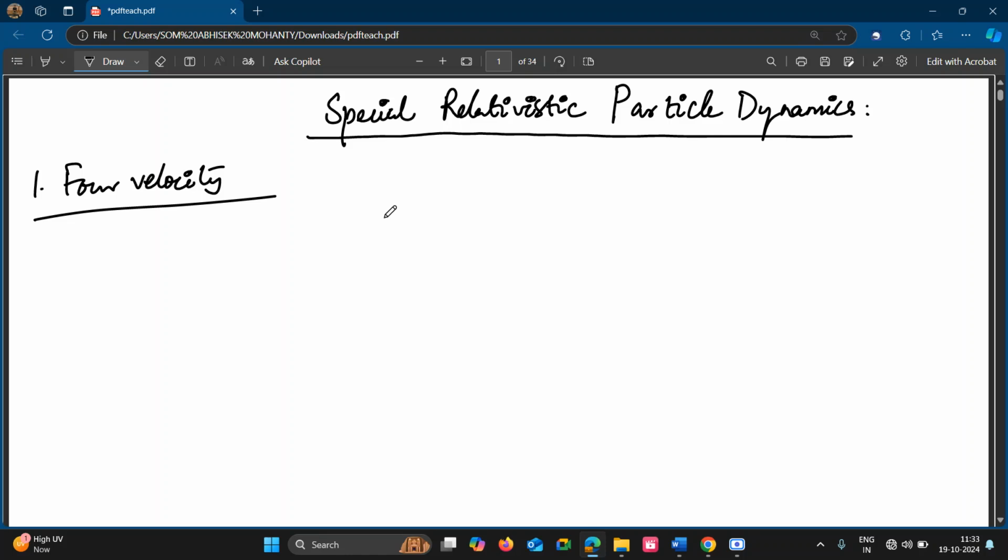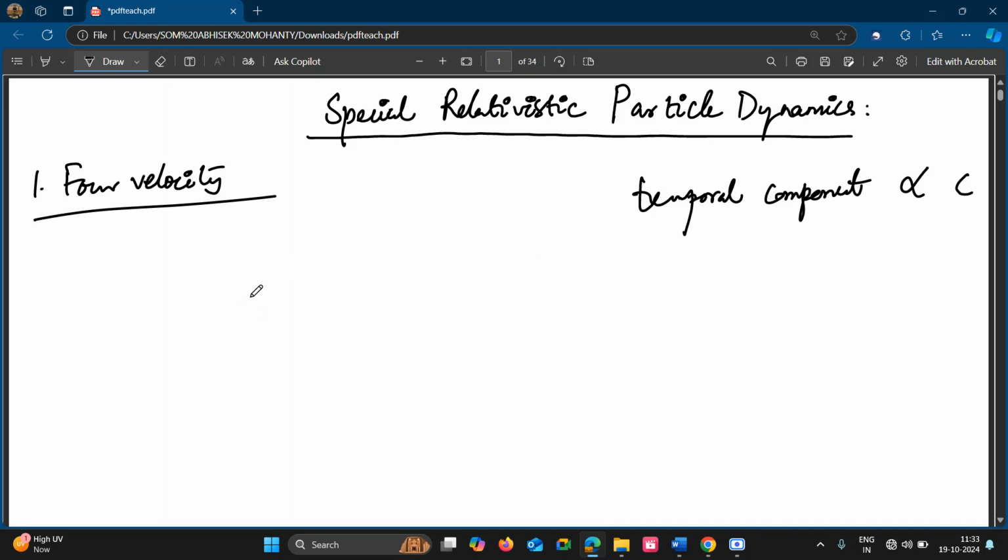The zeroth component is called the temporal component, which is just proportional to the speed of light, and the other spatial components are proportional to the three velocity.